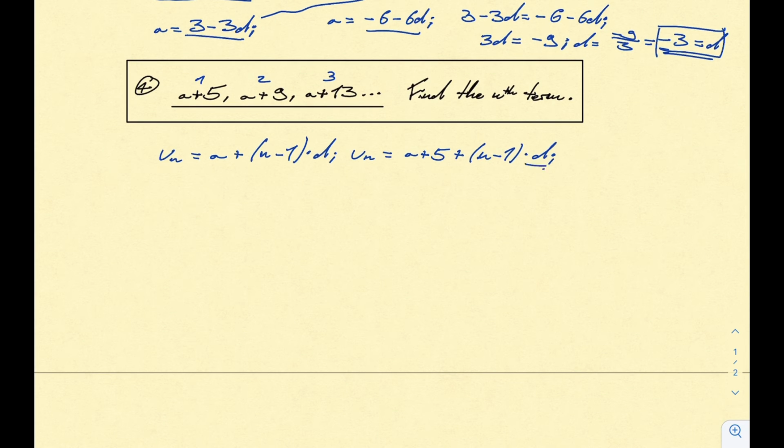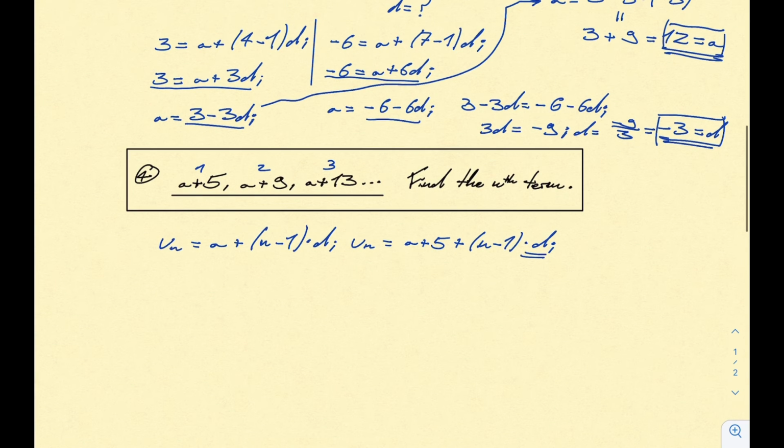Now we have to find d. Well, what's d actually? What's the jump in between these two values? Well, if you pay close attention to it, you will see how we're always adding 4. We have our first term, which is a plus 5. We add 4 and we get a plus 9. And so it continues. From a plus 9 to a plus 13, we just have to add 4. So forget about these a's.